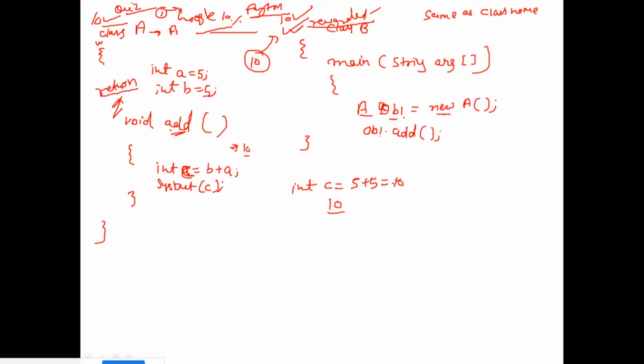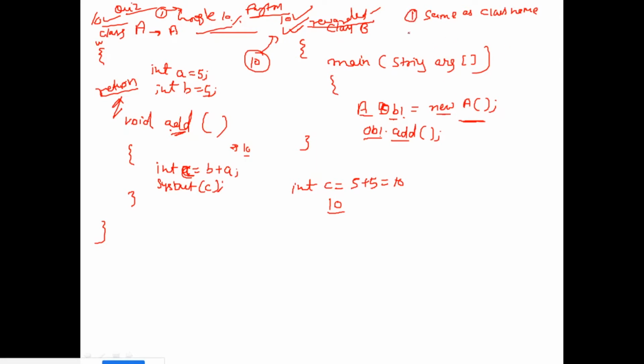Okay, that's the importance of the constructor concept, so that you can take it seriously. But okay, ob1 dot add, right? So this has called this method. Where is this constructor? Where is it present? First let's understand what a constructor is. Constructor has the same name as the class name.